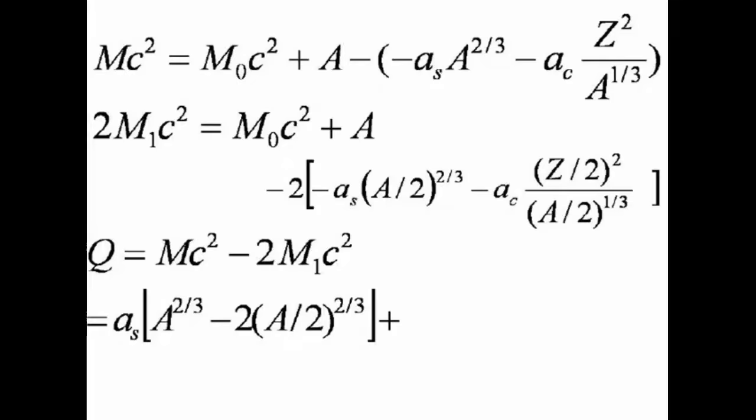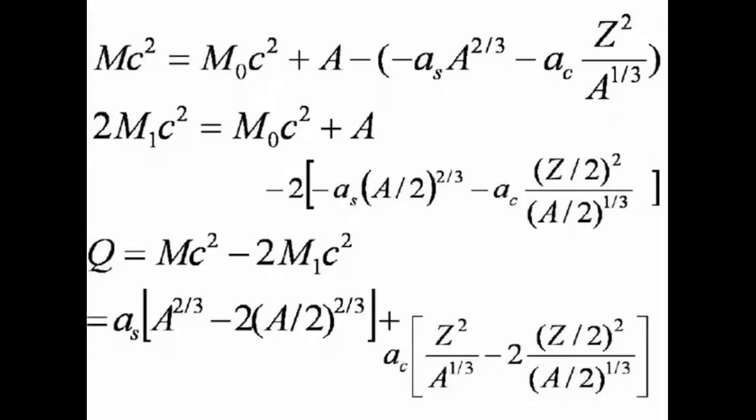So, that is the first term, and the second term is similarly plus A_c times [Z squared divided by A to the power 1 by 3 minus 2 times (Z by 2) squared divided by (A by 2) to the power 1 by 3].